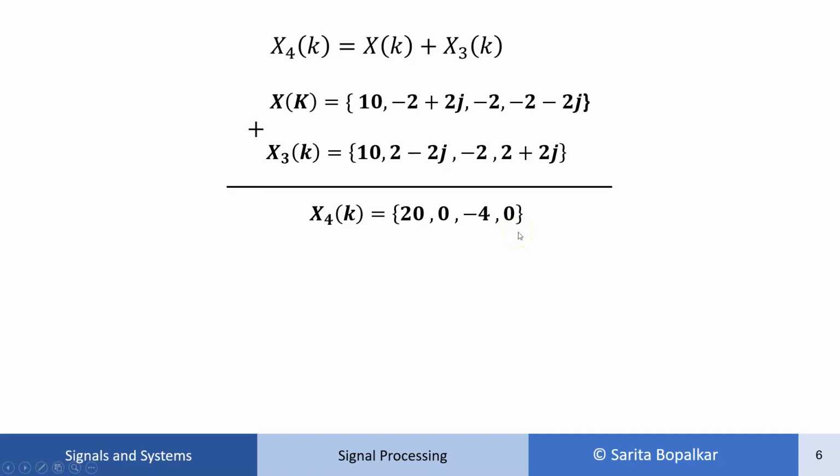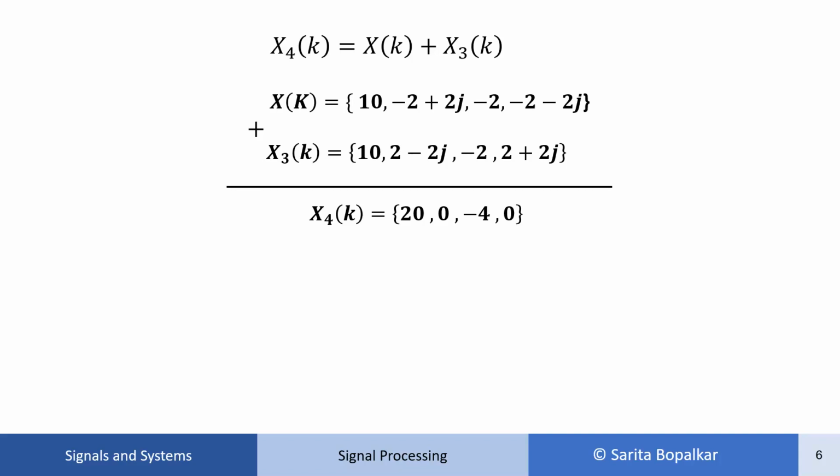So in this example, we have used two properties. First, we calculated the DFT of X of n by the direct matrix method. Using the result of X of n, we found X3 of n, which is just a shifted version of X of n. That's why we applied the time shifting property.